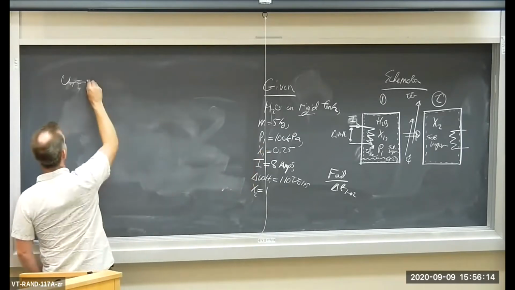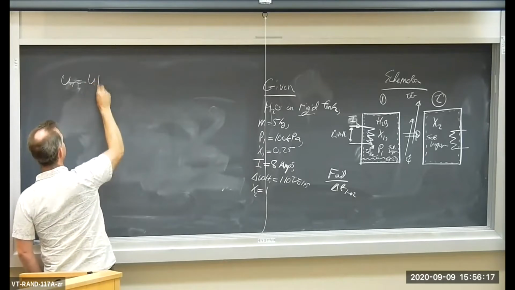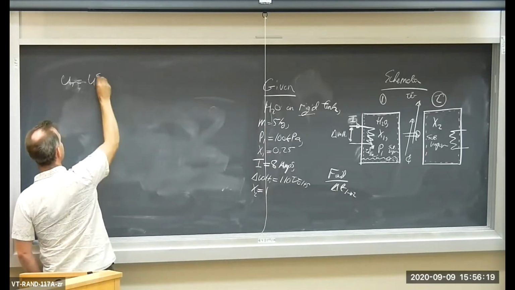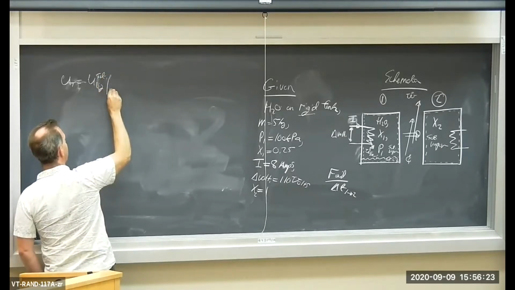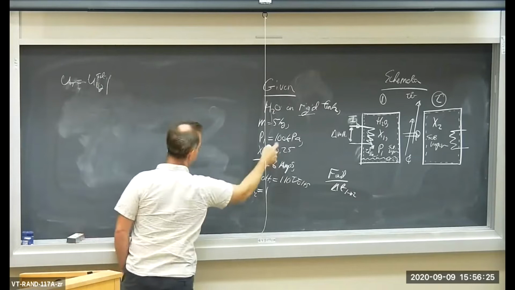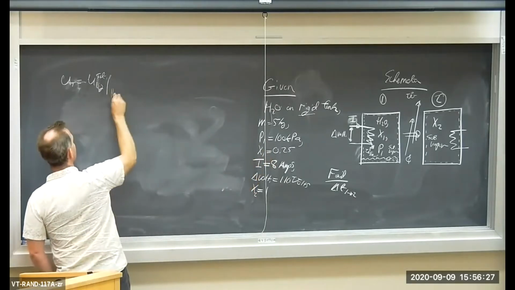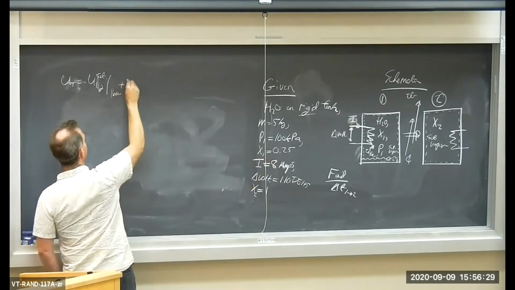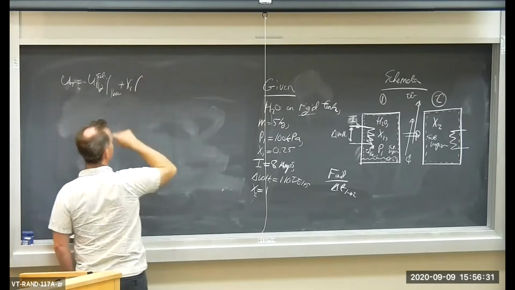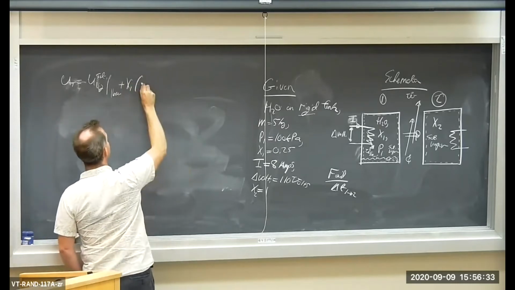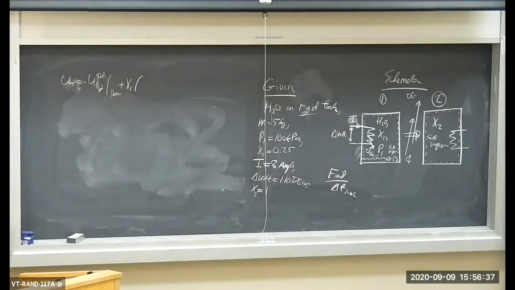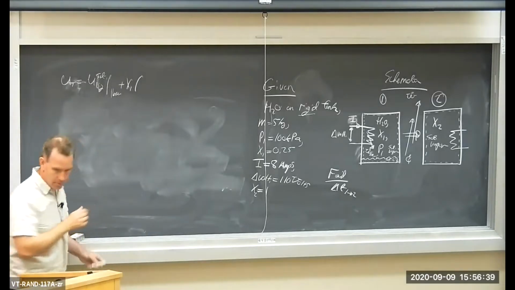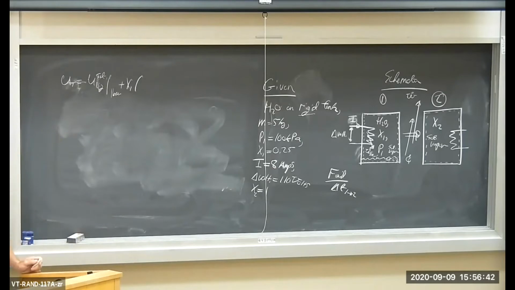So U1 is equal to the specific internal energy of the saturated liquid, evaluated at 100 kPa, which is a bar, plus the quality at state 1 times, I'm going to break the lecture here.